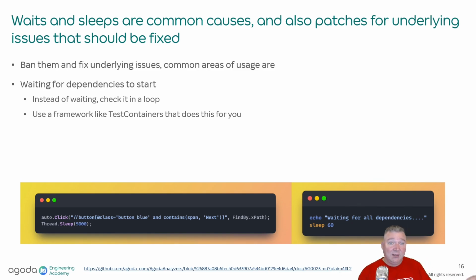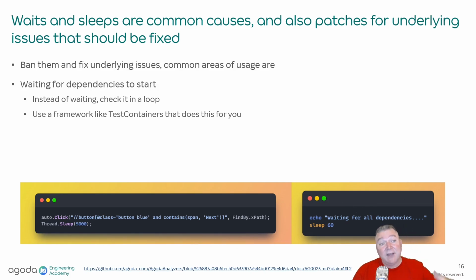Because sometimes it'll take a little bit longer, and that will create flakiness. Then the answer is, well, let's just increase the sleeps, and then your tests take longer, and then someone increases the sleeps again because it gets flaky again. So it's a never-ending battle. But if you implement a check in a loop, as soon as it's online, it'll continue.